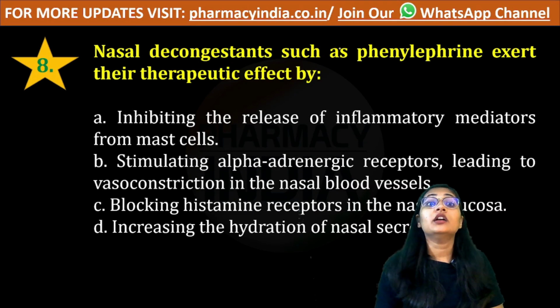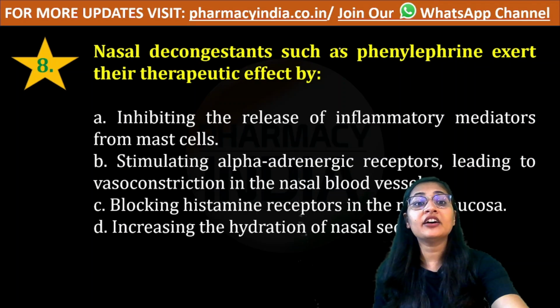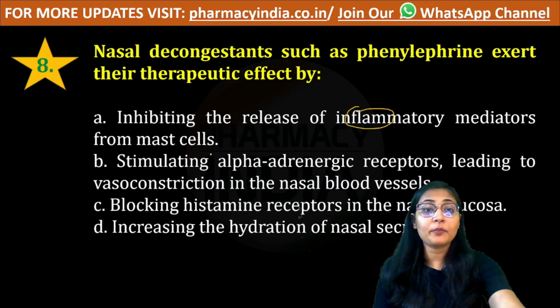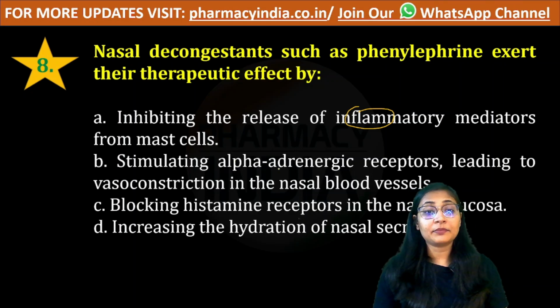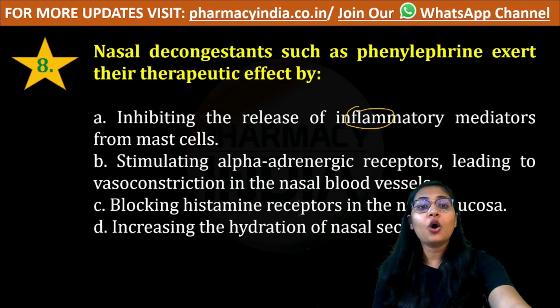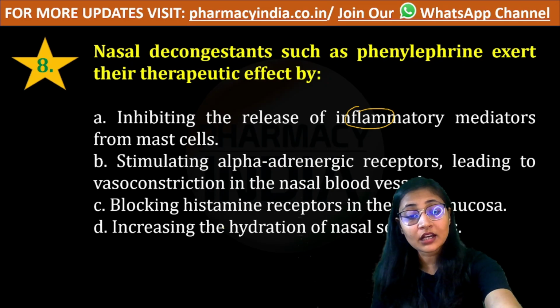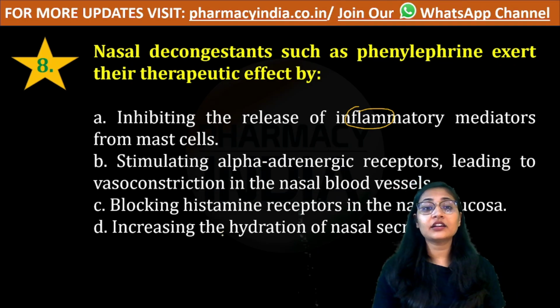Question number 8. Nasal decongestants such as phenylephrine exert their therapeutic effect by: option A, inhibiting the release of inflammatory mediators from mast cells; option B, stimulating alpha adrenergic receptors leading to vasoconstriction in nasal blood vessels; option C, blocking histamine receptors in nasal mucosa; or option D, increasing the hydration of nasal secretion.